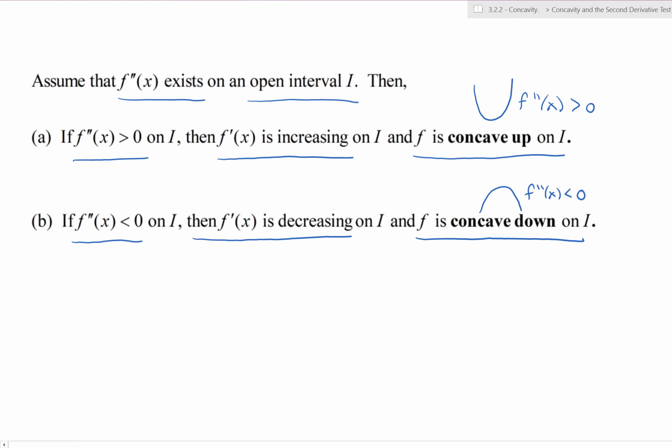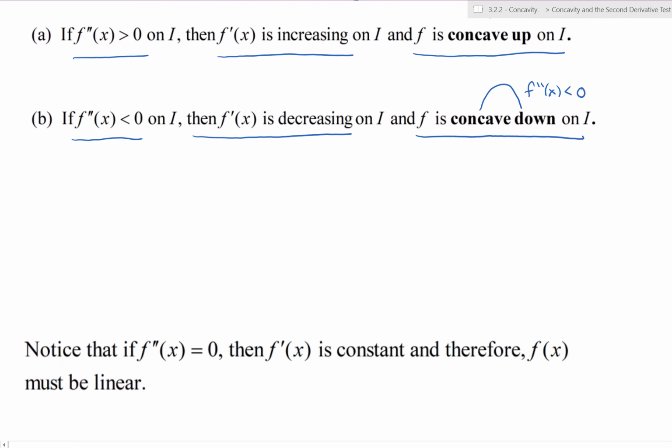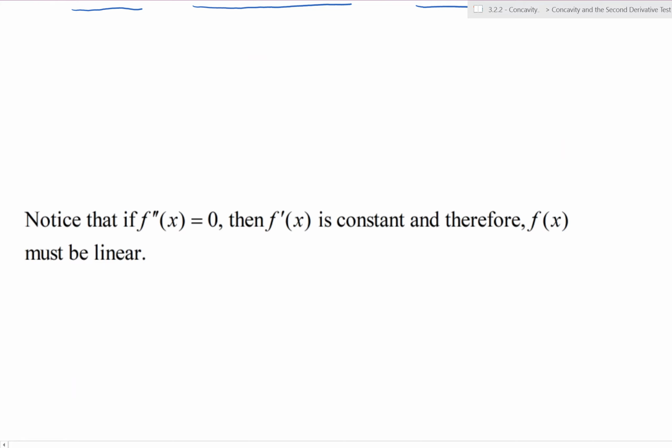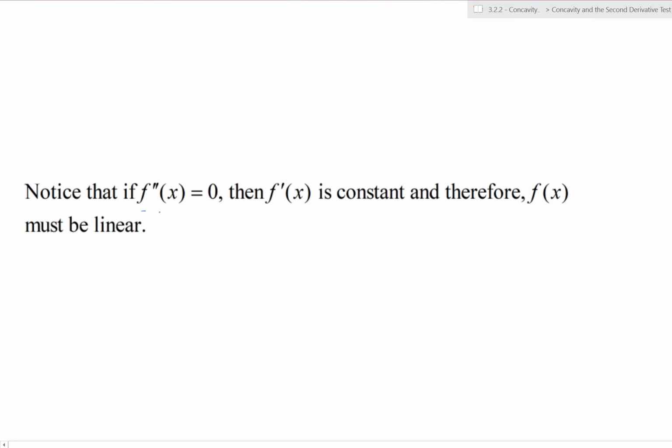Now, what happens if your second derivative is 0? Because that can happen. We didn't look at that yet. If the second derivative is 0, then the first derivative should be constant, right? Because derivatives of constants are 0, and the second derivative is the derivative of the derivative. And if the first derivative is constant, then the function must be linear because its slope never changes.